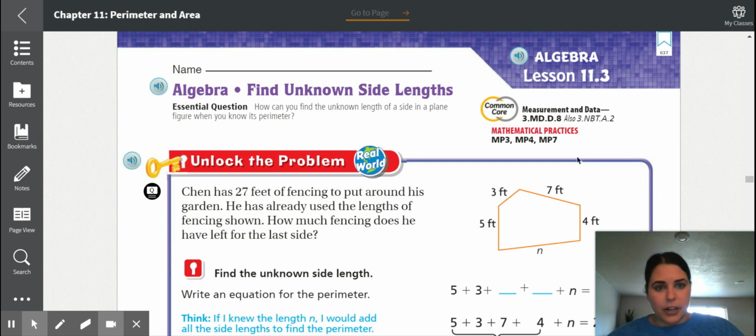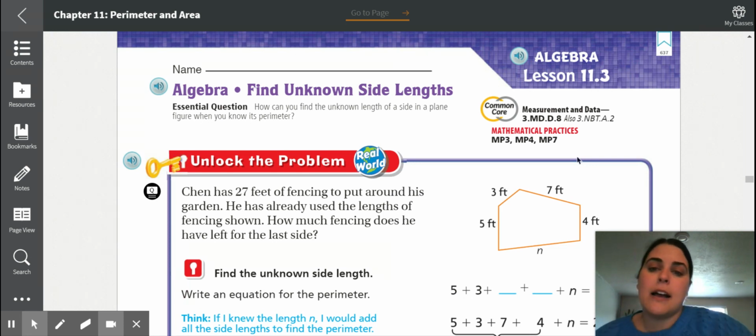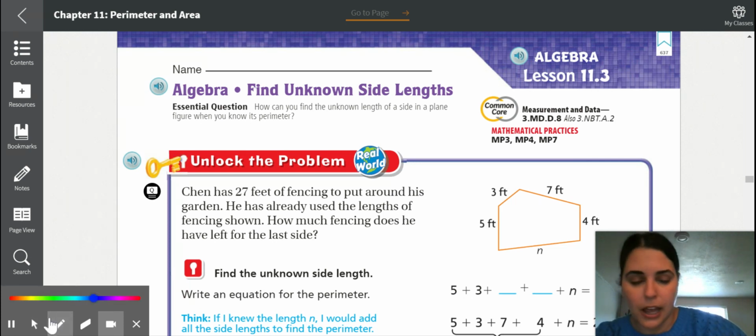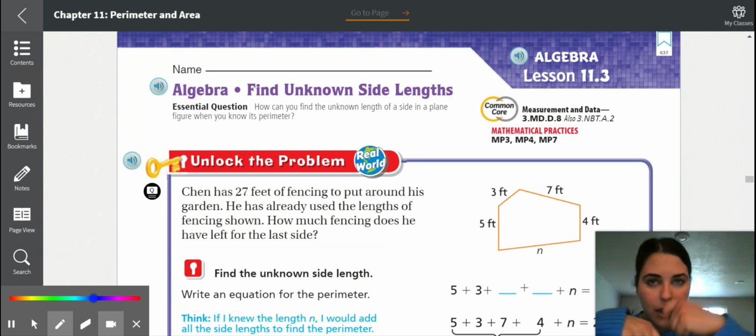Okay, so let's get started. We are on page 637 in your math book, and the lesson is called Find Unknown Side Lengths. So we have been learning all about perimeter. And perimeter means measuring and finding the outside of a shape. And in order to do that, we have to add up all of the different sides.